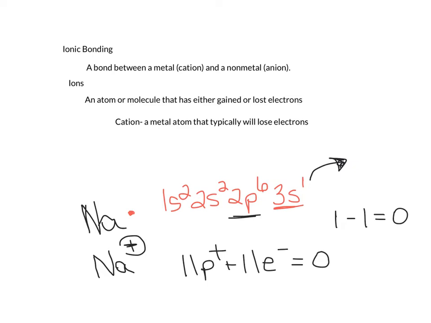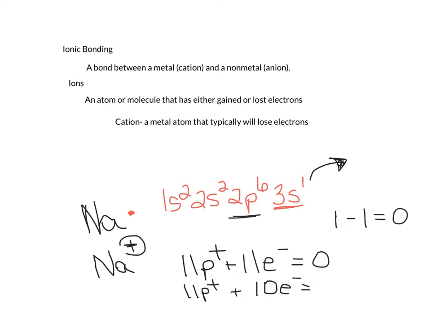But in the case of the sodium cation, it still has 11 protons, right? That's what makes it sodium. Except in this situation, it gives up 1 electron. So now it only has 10 electrons.